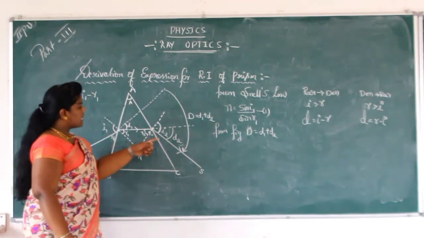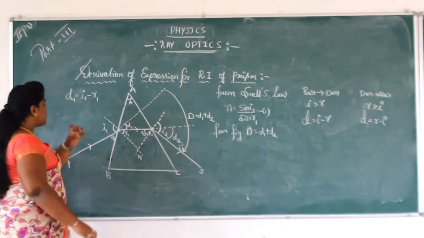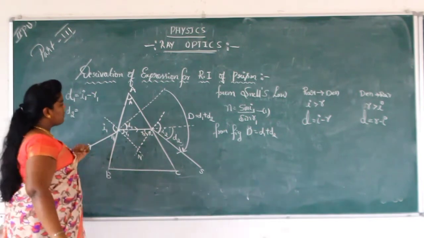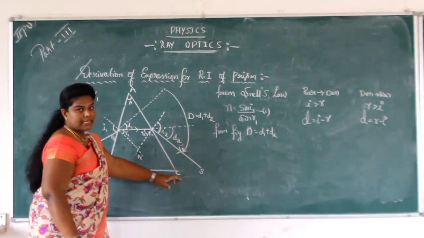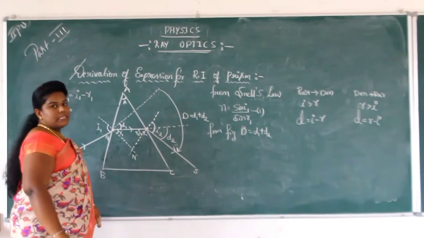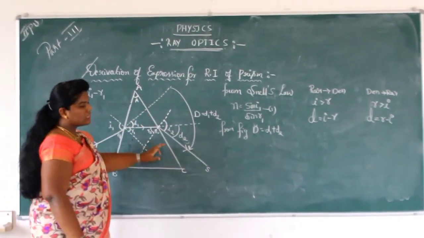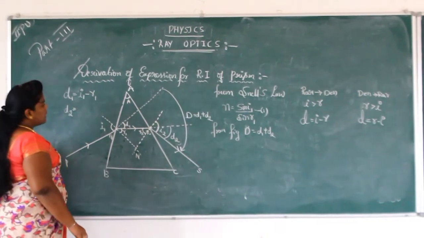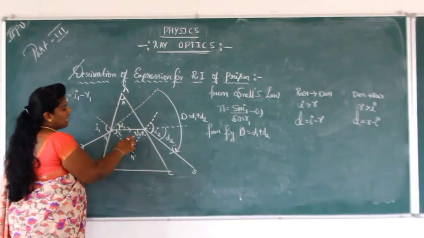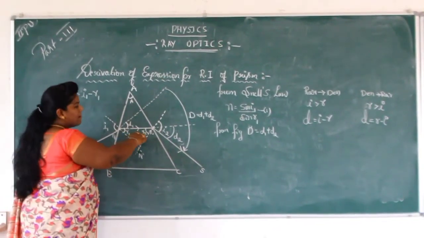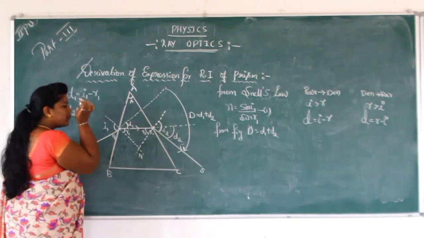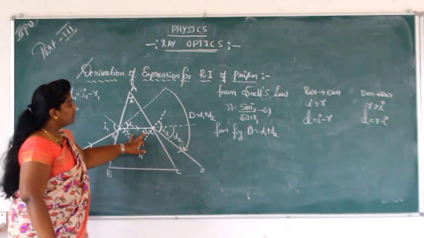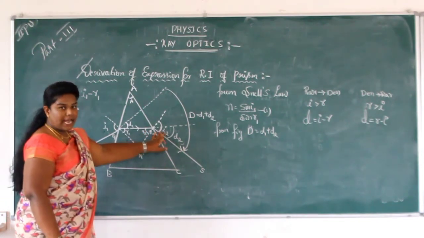Similarly, let us see this case. Here we have the angle of deviation D2, for the second refracting surface, AC. Here we have the angle of incidence R2 and the angle of refraction I2. Don't confuse with this representation. The angle of incidence is R2 here and the angle of refraction is I2.